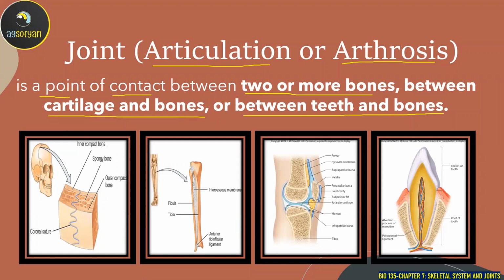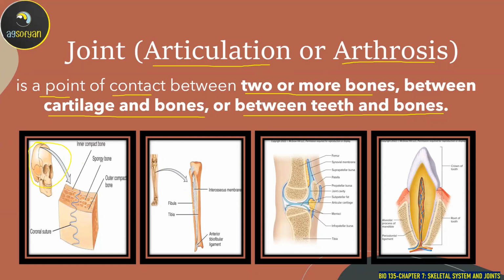So basically, a joint is a point of contact between bones and other bones. There are several types. If you see this, you see the joints in the skull. So there are several bones that join together. So this is a type of joint also.